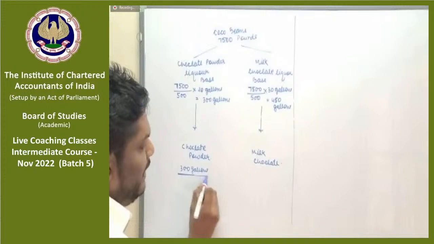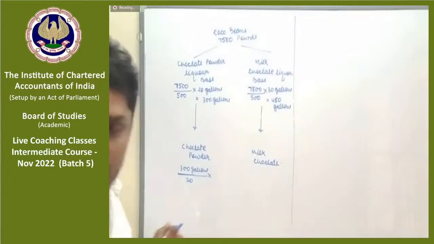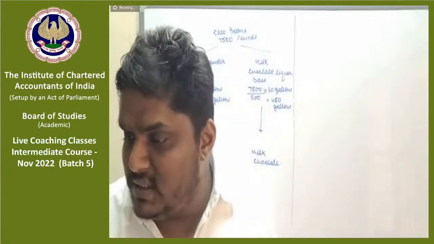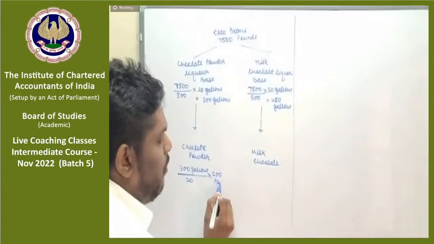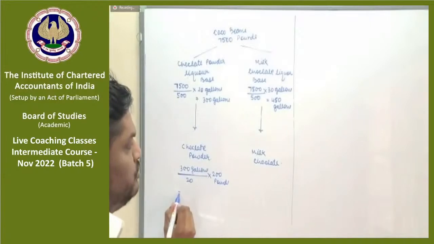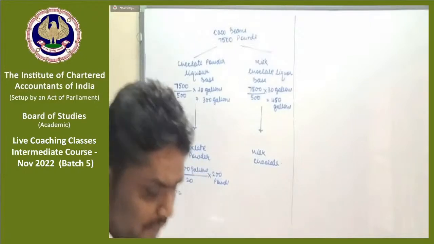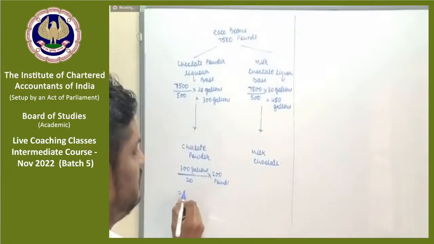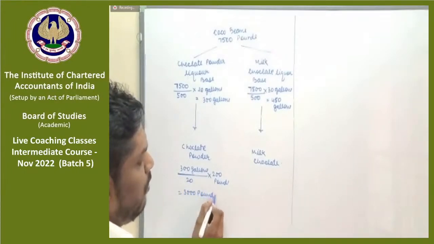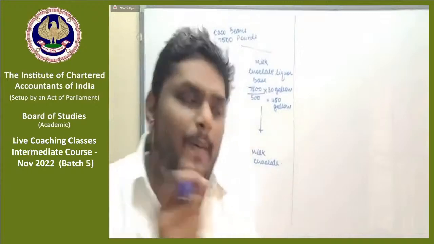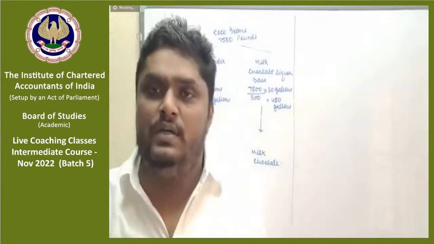And every 20 gallons yield how much? Every 20 gallons will yield 200 pounds of chocolate powder. So in short, how much chocolate powder is manufactured? Very simple, guys. 3,000 pounds. A total of 3,000 pounds of chocolate powder is manufactured.